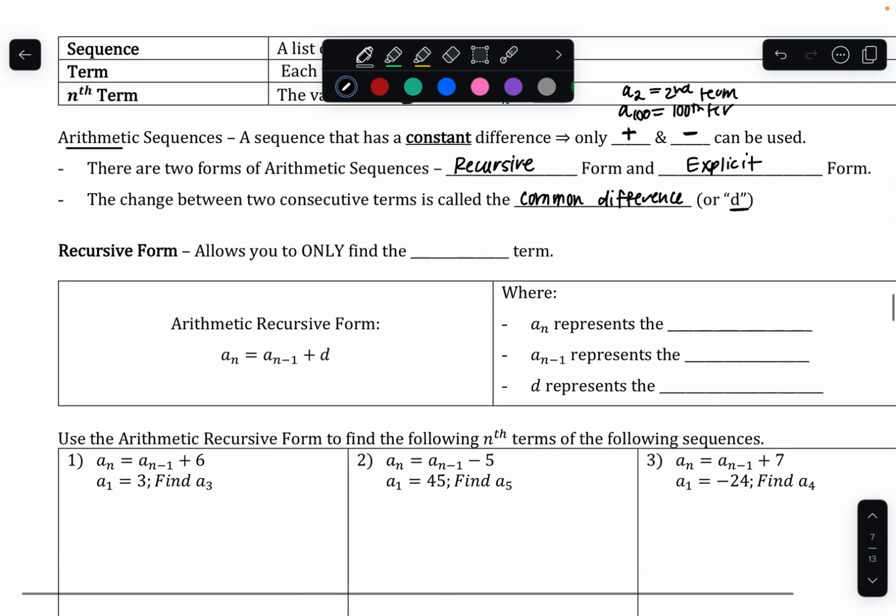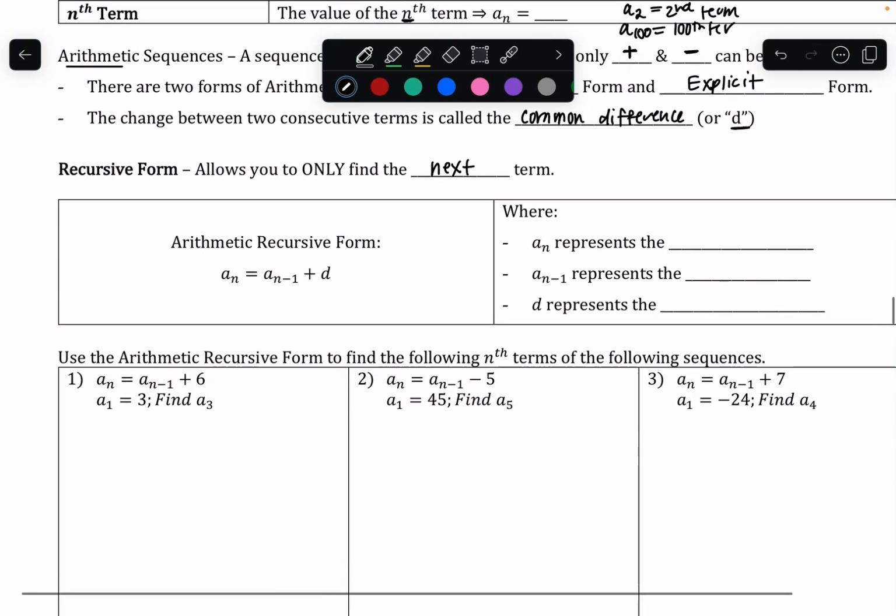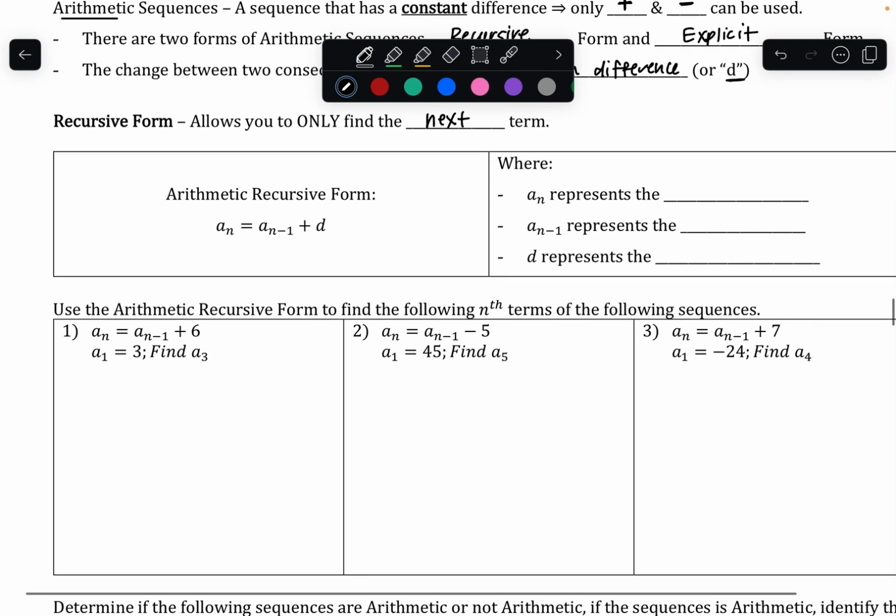Okay, so recursive form only allows you to find the next term. So it's not as useful as the explicit form because recursive form depends on the previous term. Okay, so a sub n, just view that notation to mean any term.